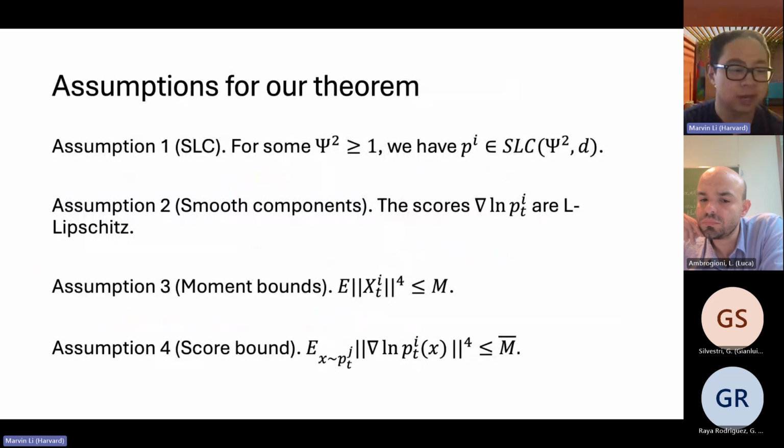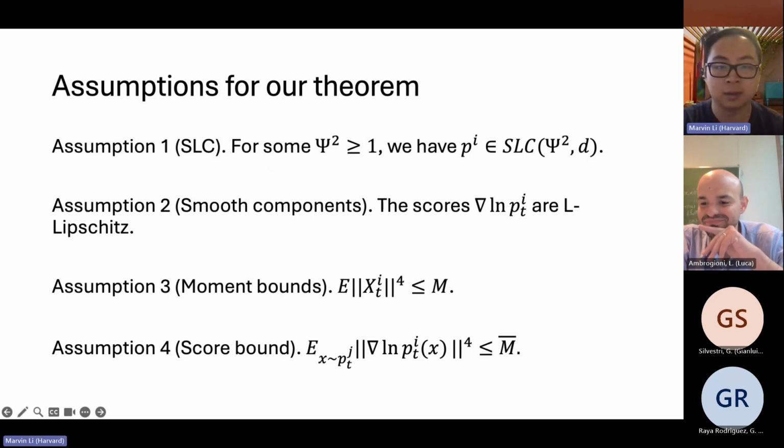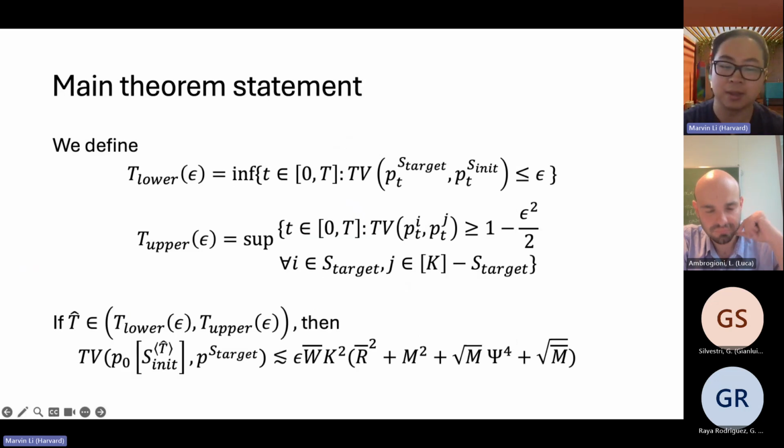I think strongly log-concave distributions are rich enough distributions, a nice intermediate step where they still contain a lot of broad distributions, but they're not on any submanifold of the data, and they're still quite nicely well behaved. So yeah, I guess I can go into the main theorem statement.